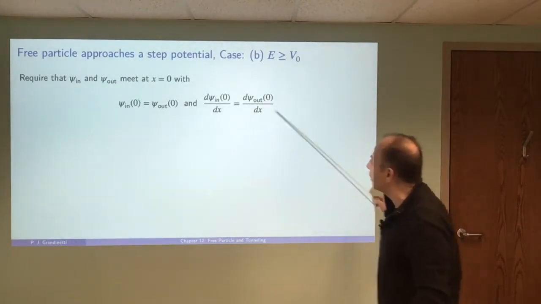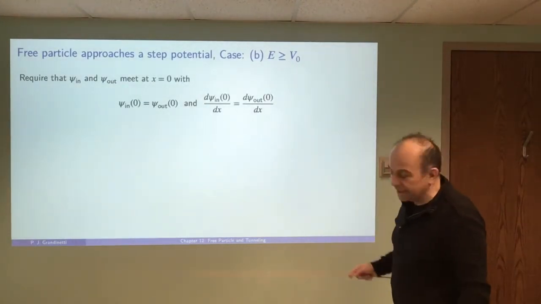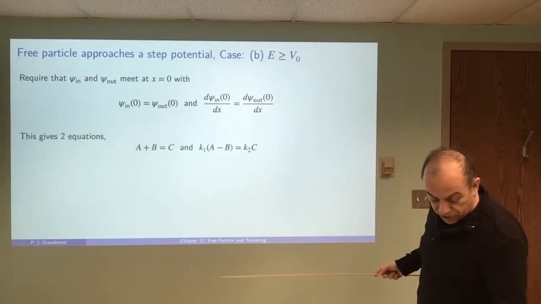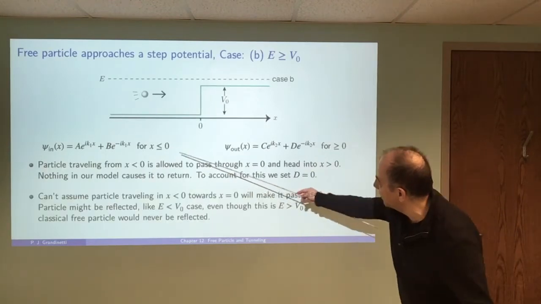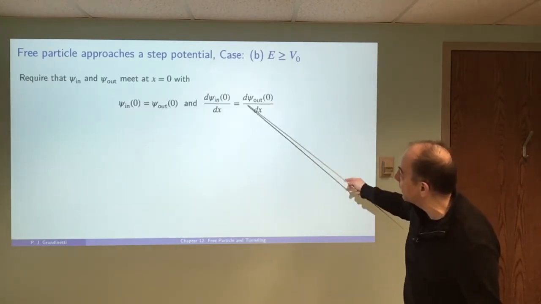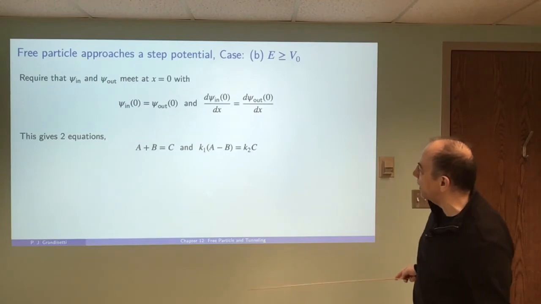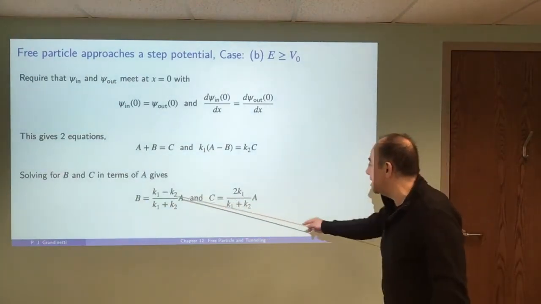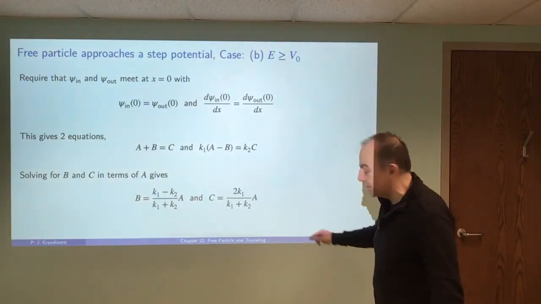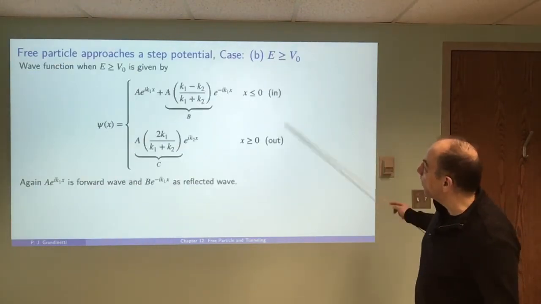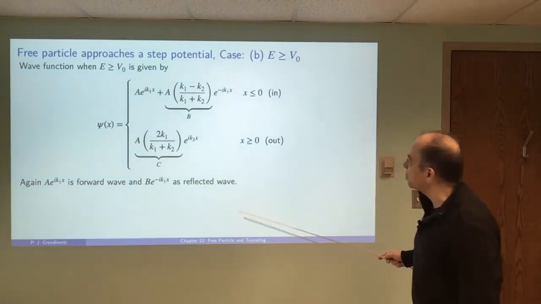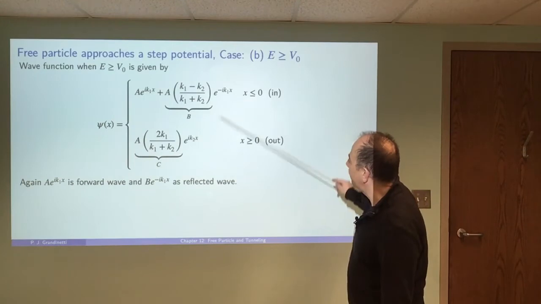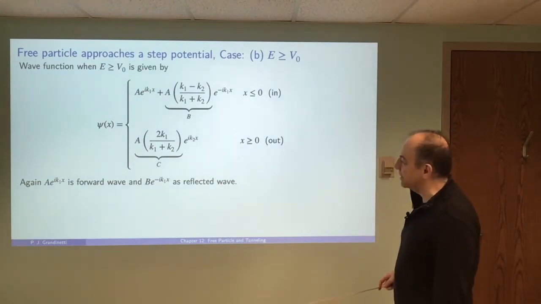Going back to our requirements that it needs to be continuous and single valued, we get these two equations from those two wave functions. I take these two wave functions, plug them in here, and get these two equations, which I can then solve for A and B and C in terms of a common value, which is just A, and then plug them into my expression, where now I have the wave function on the left side and the wave function on the right side.